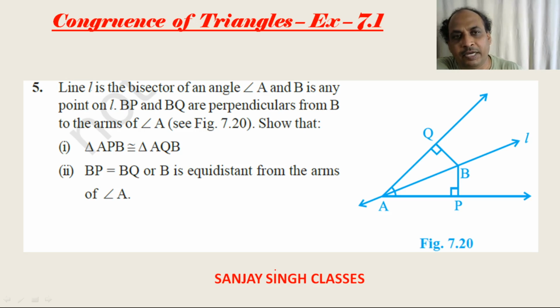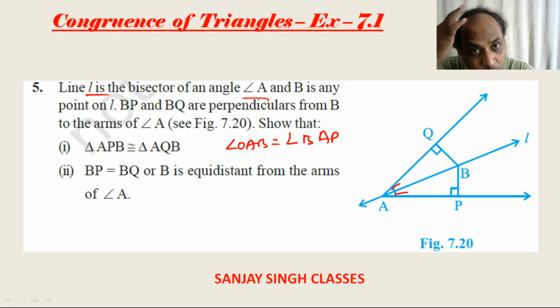Now question number 5. Line L is the bisector of angle A. It means this angle is equal to this angle. Okay, it means we are given angle OAB is equal to angle BAP.